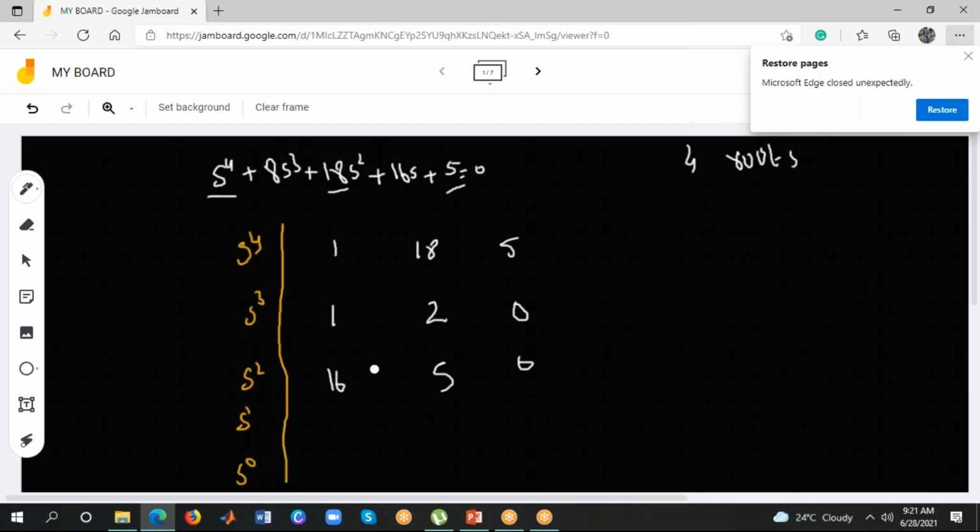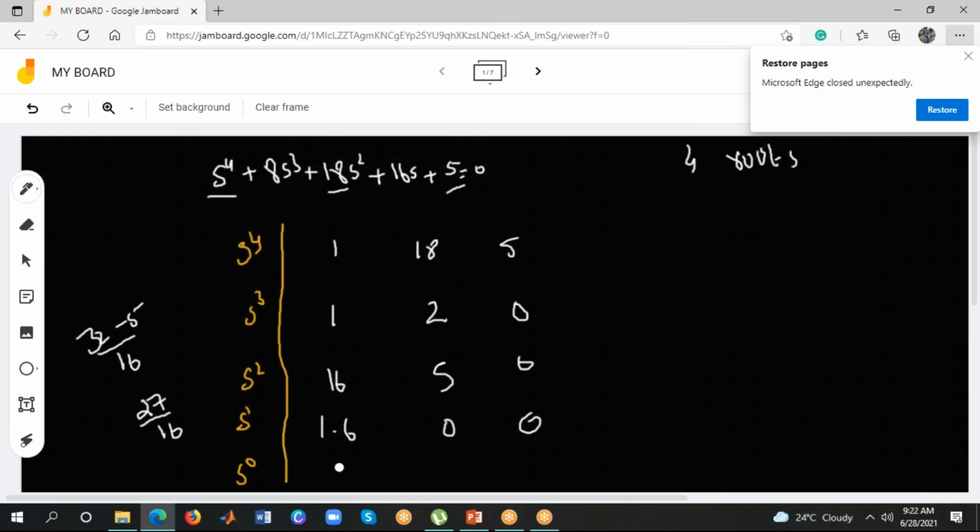What is the value of the first term in this s power 1 row? 32 minus 5 divided by 16, 27 by 16, right? So approximately 1.6. And here you will get 0 and 0.